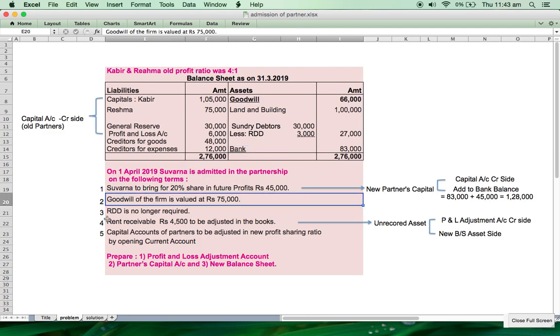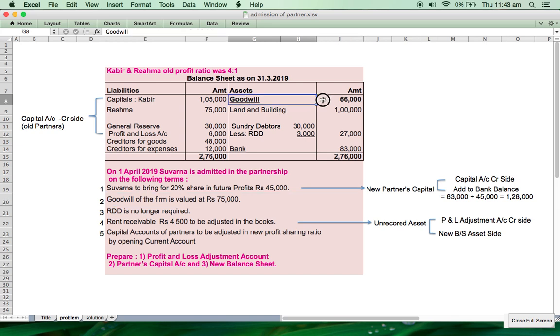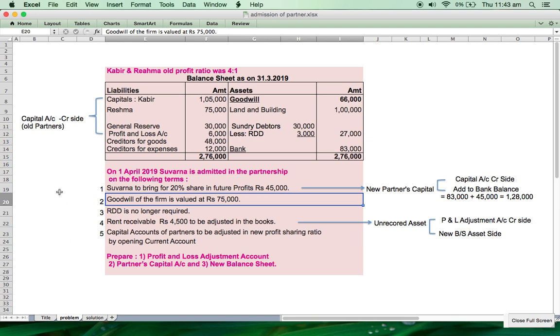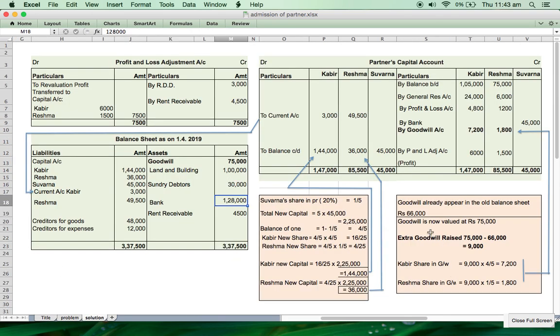Then the next adjustment is goodwill of the firm is valued at 75,000. We already saw that in the old balance sheet they have given us goodwill at rupees 66,000. Now they want the goodwill to be valued at 75,000, means we want to raise extra goodwill rupees 9,000. 75,000 minus 66,000, which is 9,000 rupees. This goodwill adjustment will be given to old partners only in their profit sharing ratio.